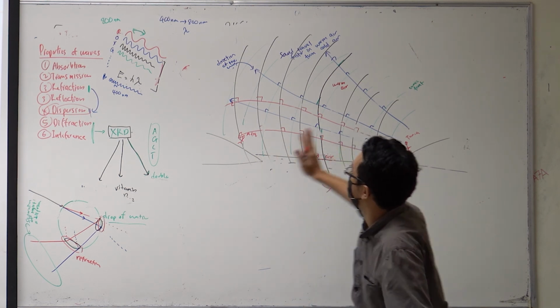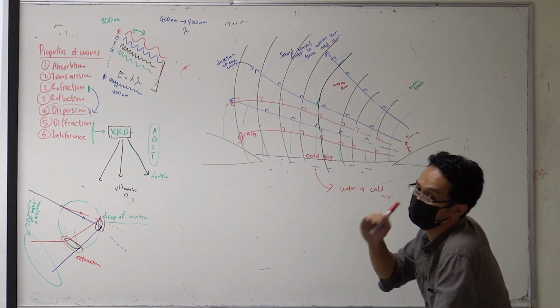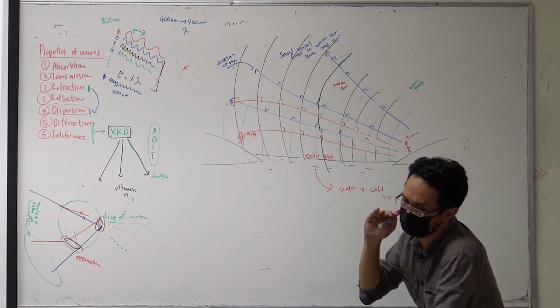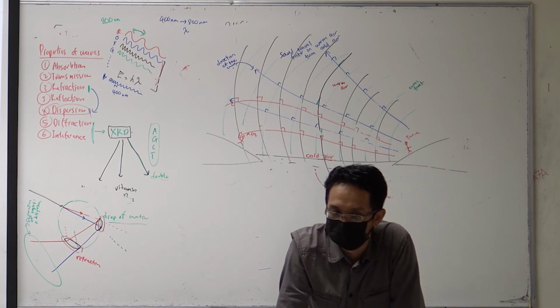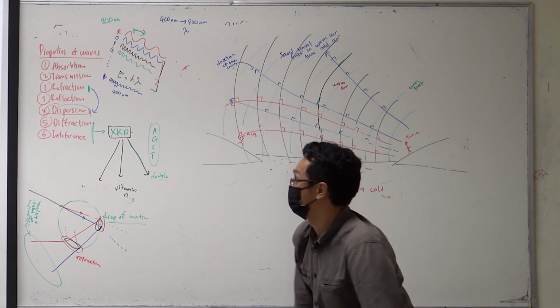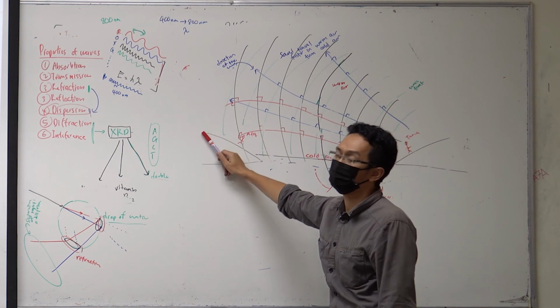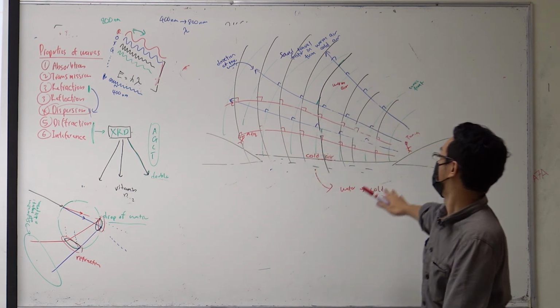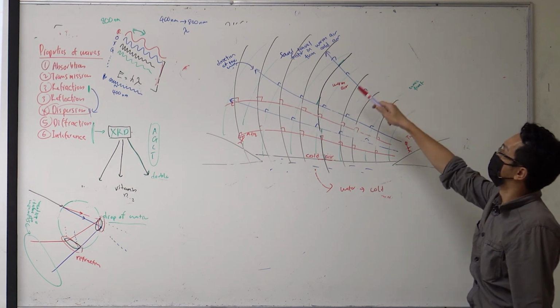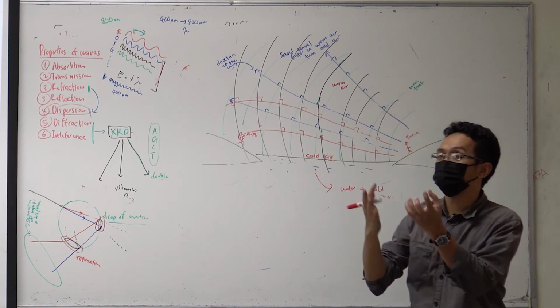Refraction is the bending of the wave because it travels across a different medium or different region. In the case of light, it is either glass or some other medium. In the case of sound, it is about the temperature gradient.